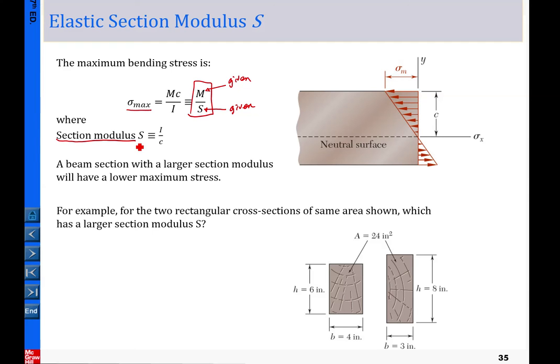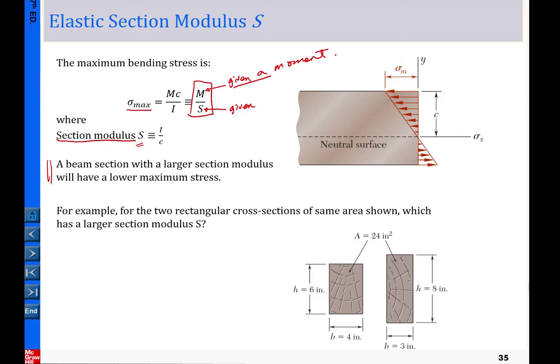Okay, so that's how to utilize the section modulus. The application is this: given a moment, if for our design we wish to have a smaller maximum bending stress, then we had better select a beam which has a larger value of S. Okay, so that is the application.